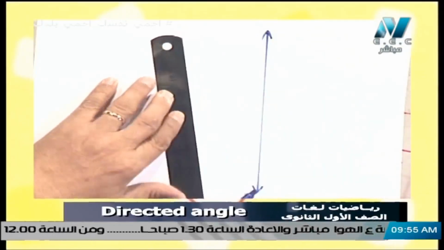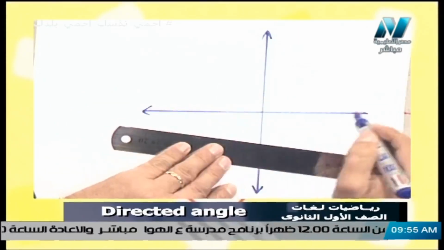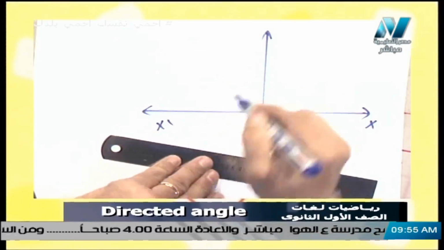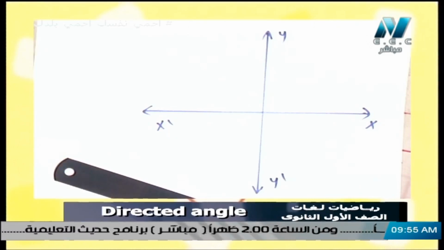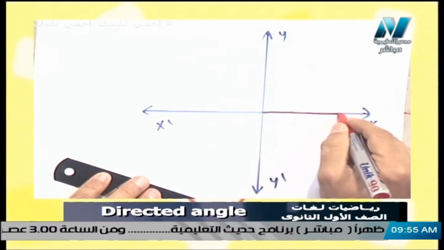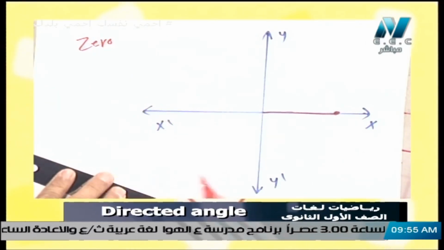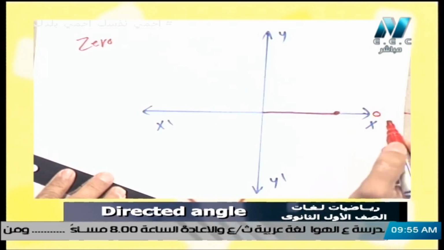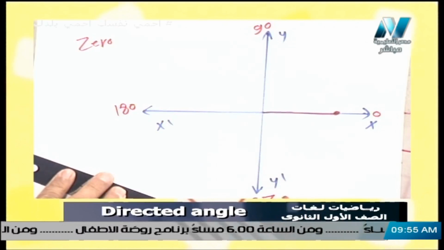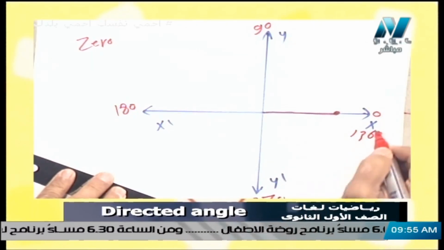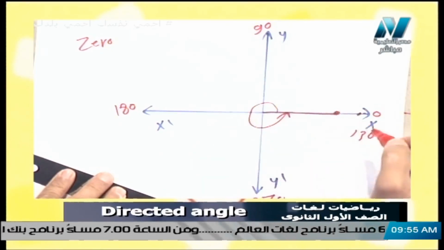If we have here the x-axis and y-axis, and we have an angle here, its measure equals 0, the 0 angle. Where does the 0 angle lie? Here 0, here is 90, here is 180 degrees, 270, and also here 360. This is 0, and after one turn here, it will be 360.